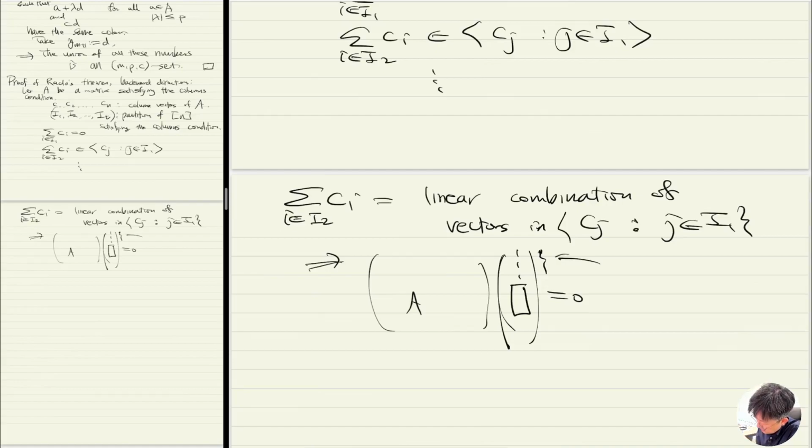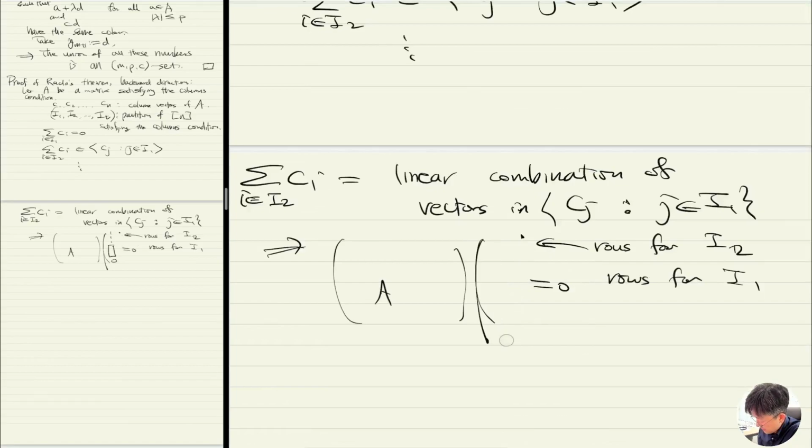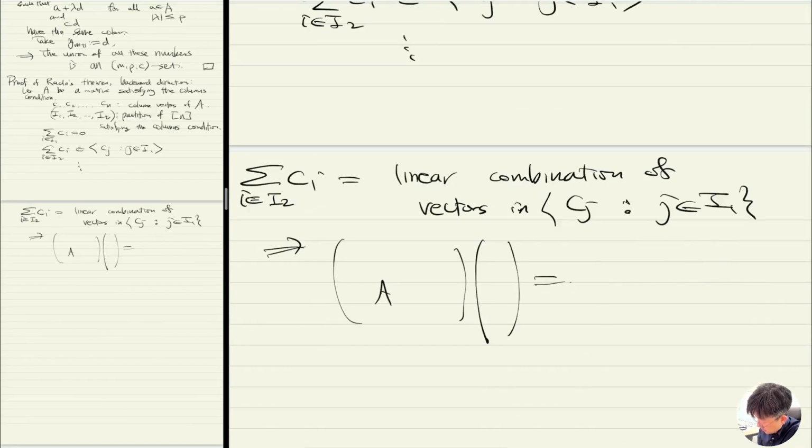So this is the location for rows for I2, and this is rows for I1, and this is 0, right? Let me rearrange. So these are rows for I1 and rows for I2, let's say.